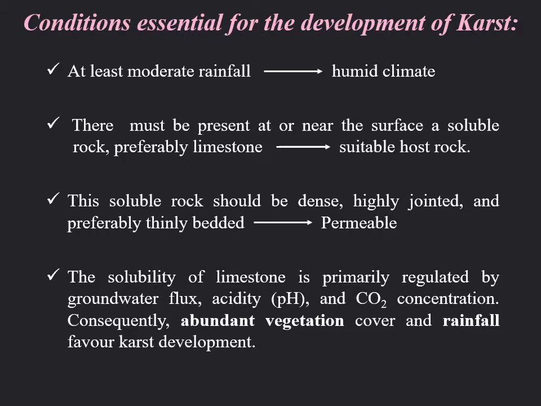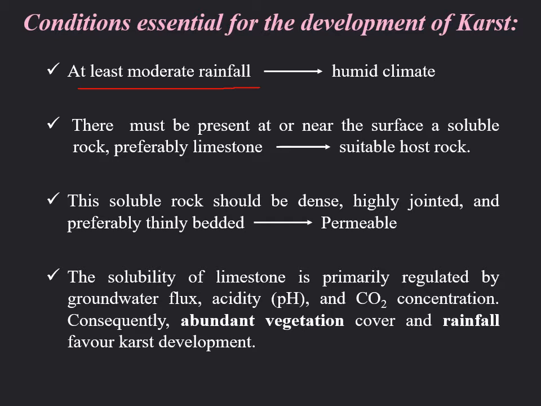Now what are the conditions essential for development of karst? The first and foremost condition for development of karst topography or karst landscapes is that at least the area suffers moderate rainfall. So there should be ample supply of rainwater.